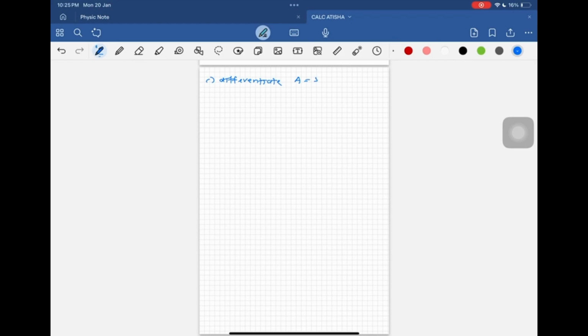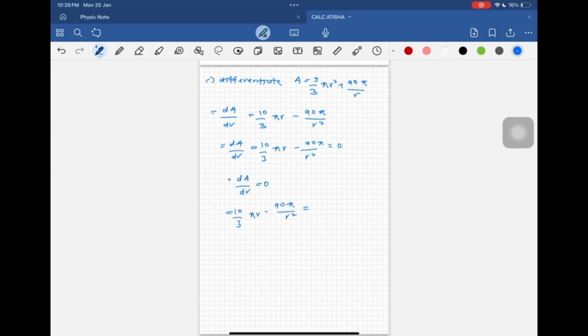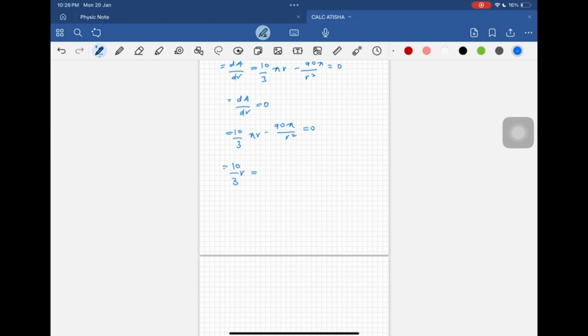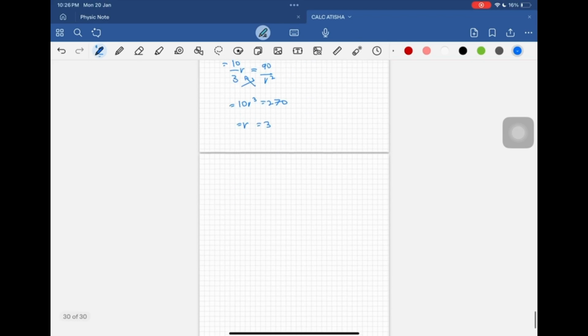In question 2c, we determine the radius of the cylinder when the total surface area is minimized. Starting with the surface area formula, A equals 5 over 3 pi r squared plus 90 pi over r, we differentiate A with respect to r and set the derivative equal to 0, solving 10 over 3 pi r minus 90 pi over r squared equals 0.